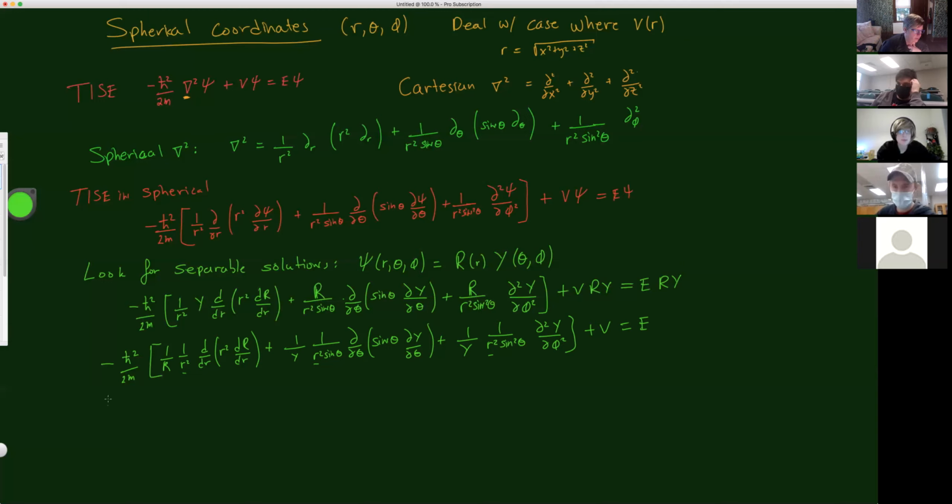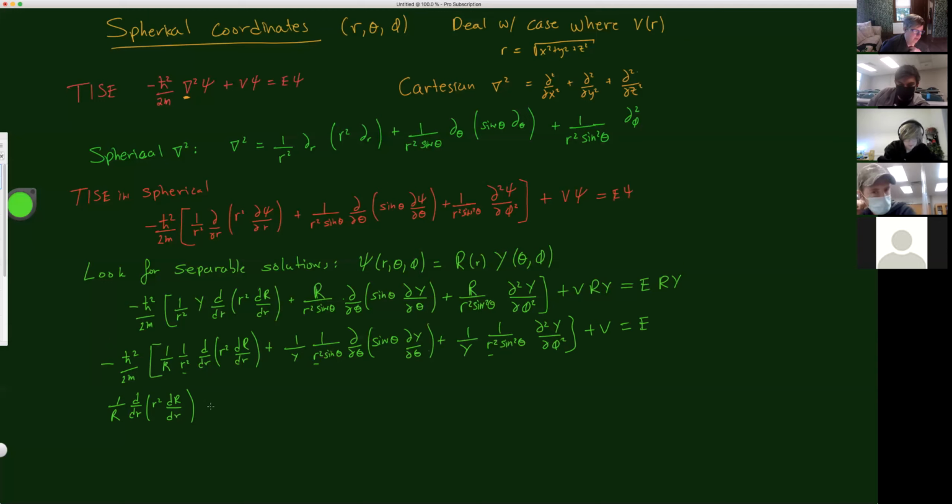All right, so here we go. We're going to have 1 over r. The r squared's gone because I'm going to pull it up over here. I'm going to multiply everybody by r squared. The h bar squared and stuff is also gone because I'm multiplying everybody by minus 2m over h bar squared. So now I have 1 over r d dr of r squared dr. And over here, I have Y and theta, so I don't want you right now. I want to move everything over that has r's in it.